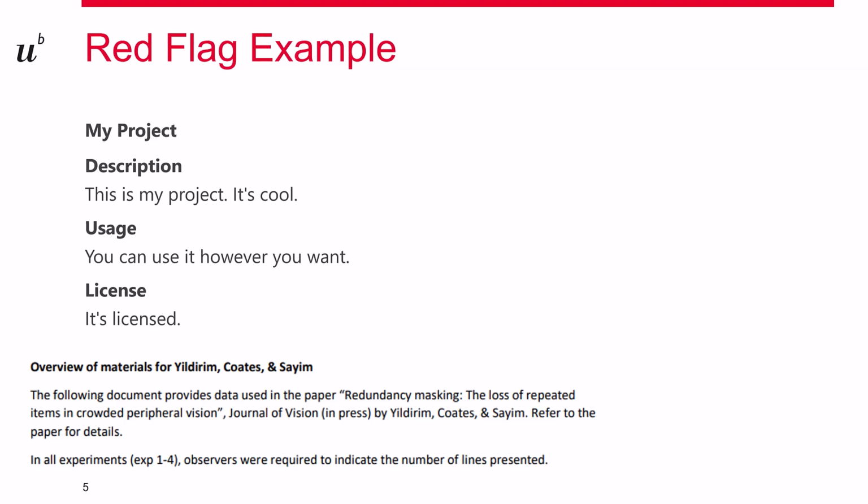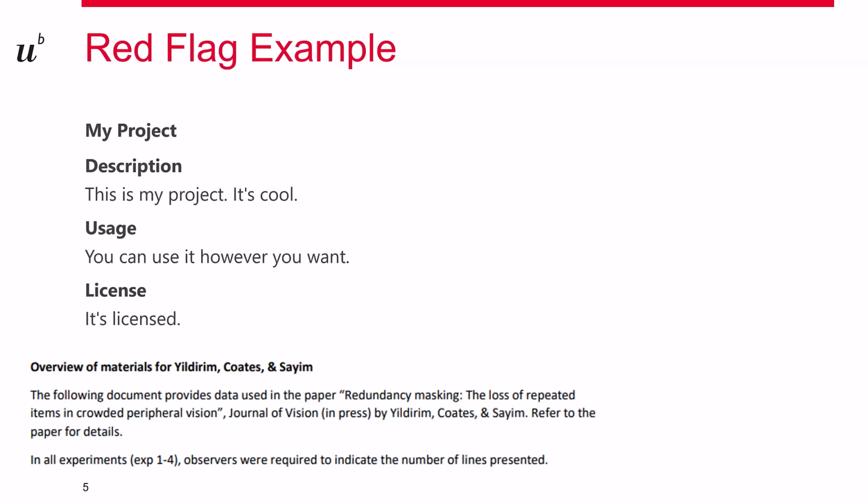Okay, so first of all, we don't have the nice structure that we had in the first example. Well, it does say it's used in this publication, but I have no idea what this data entails. How can I use it? What's the license? What's even the description of the research asset, the model, the software, the data? I have maybe the last names of the authors, but there's no contact information.